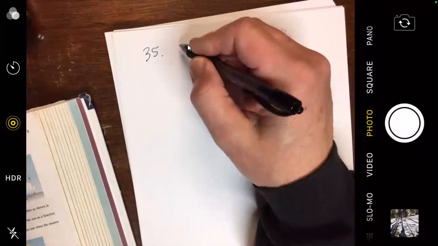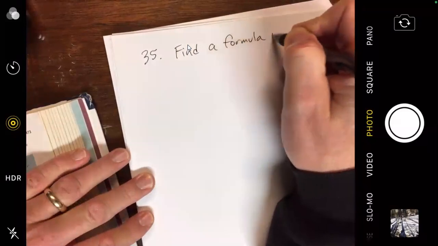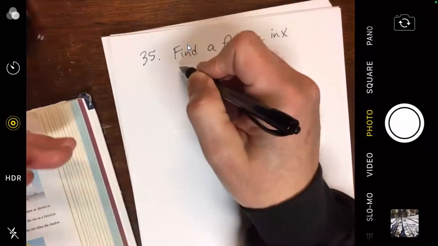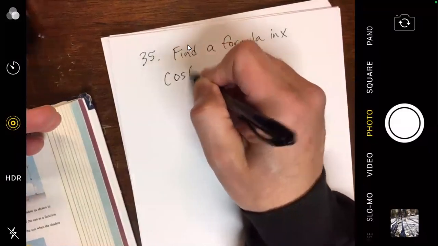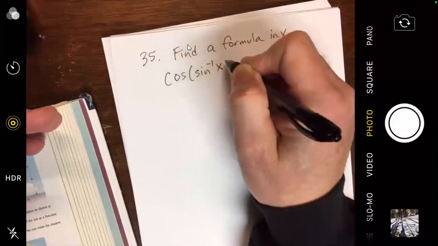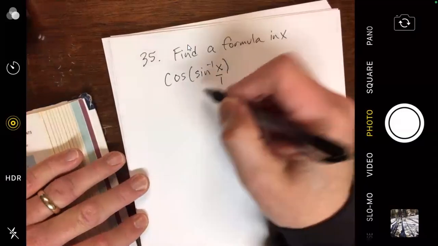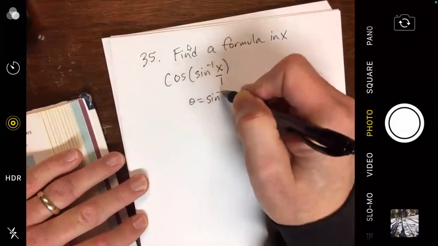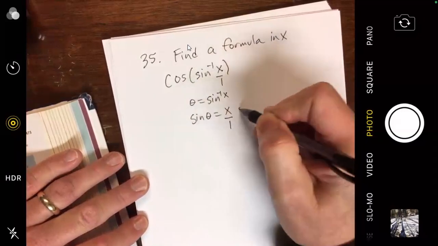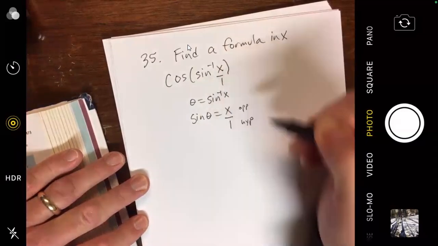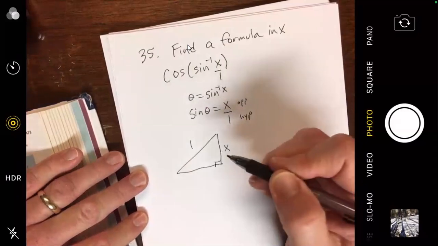Find an expression or a formula in X. It's the same idea as 29, they just give you an X. It's a cosine of arcsine of X. Theta equals arcsine of X, sine theta is X, and you can stick it over 1, and that's your opposite, and this is your hypotenuse. So you've got X, 1.